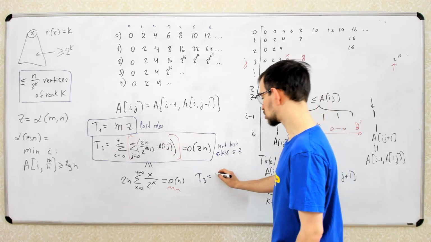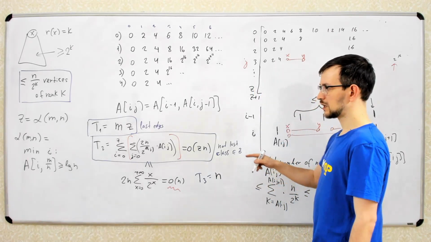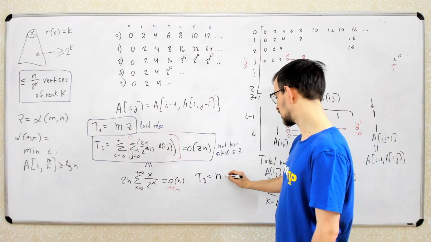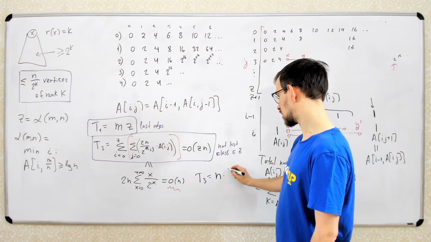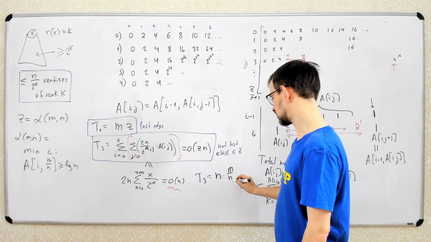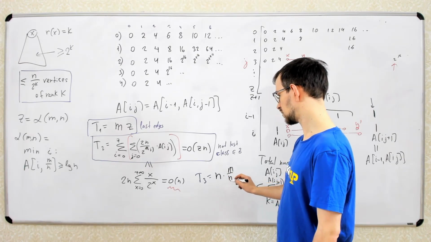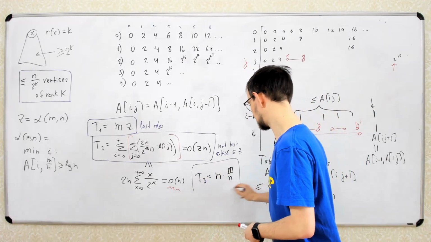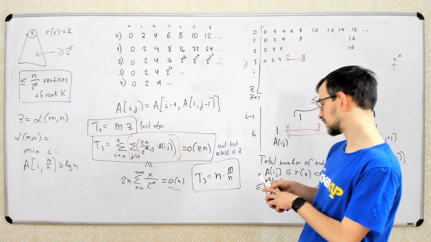So for each node, if it is not the last node in the sequence, we will have up to m over n. So these are not last nodes in class Z+1.